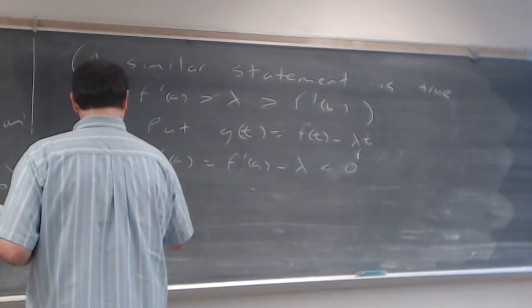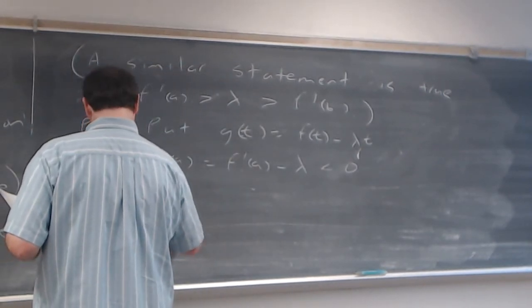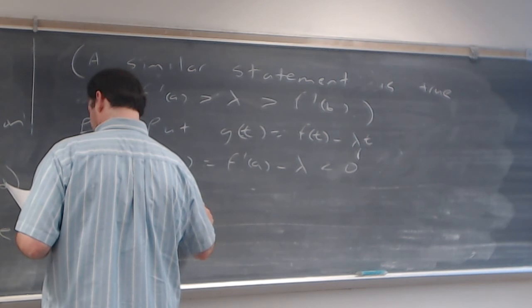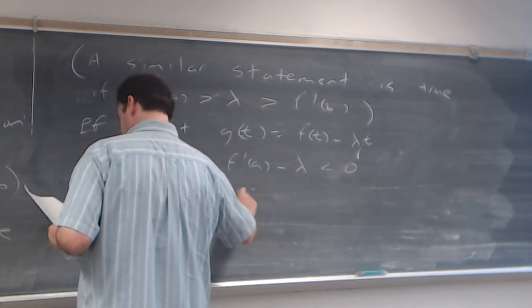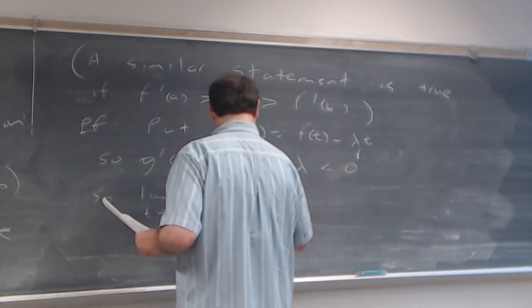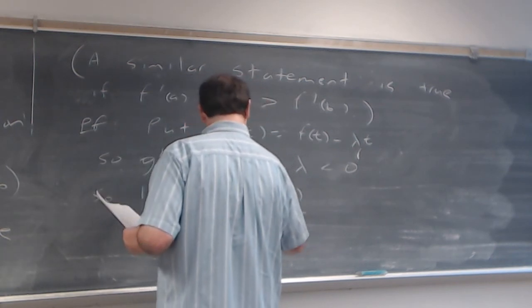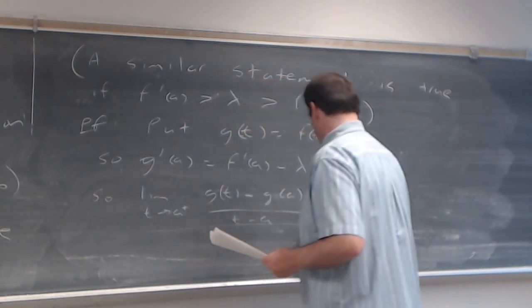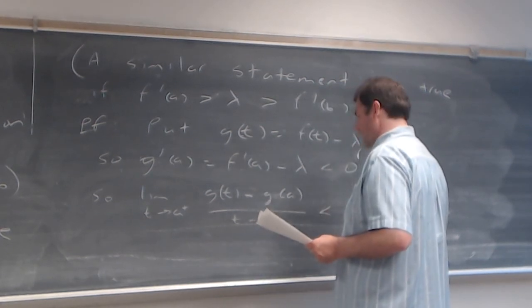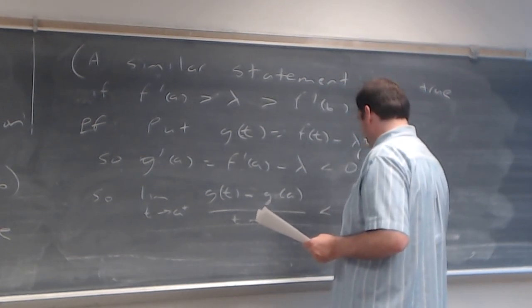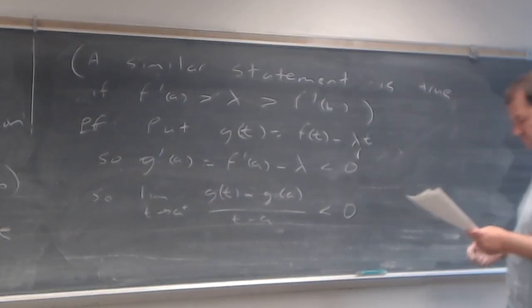So that's going to say that the limit as t goes to a from the right of g of t minus g of a all over t minus a has got to be less than 0.